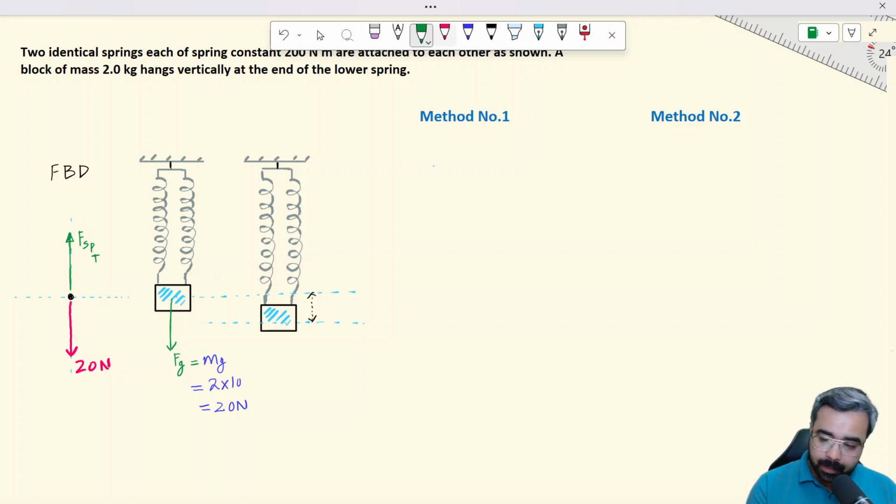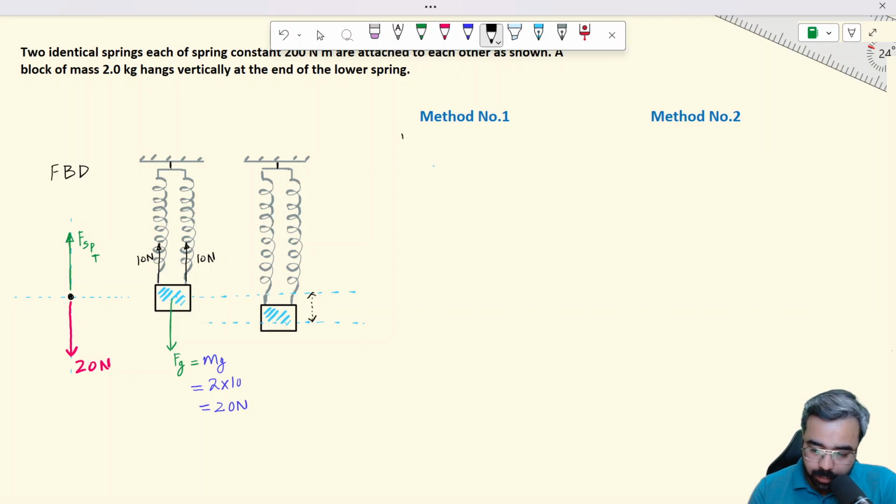So this 20 Newton is equally distributed, dear students: it will be 10 Newton and also 10 Newton. With the help of the 10 Newton spring force we can find the extension in every spring.